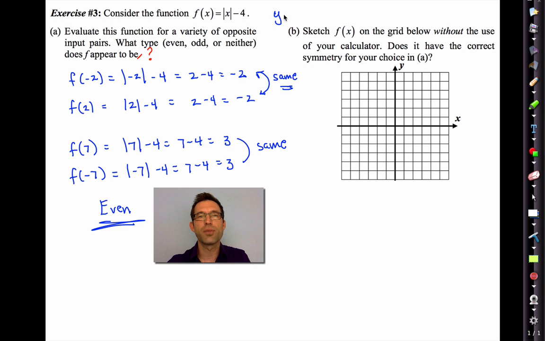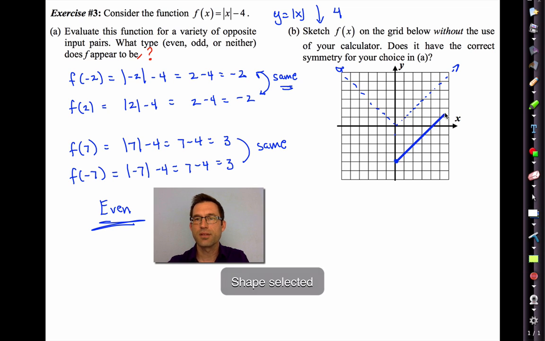This graph is simply y equals the absolute value of x that's been shifted down 4 units. So we know that the absolute value function looks something like this. So if we shift it down 1, 2, 3, 4, I think we'll just use our line utility, and it's going to look like that.